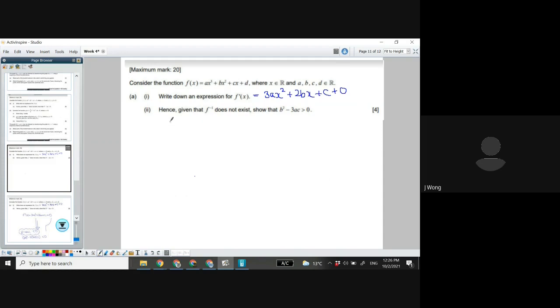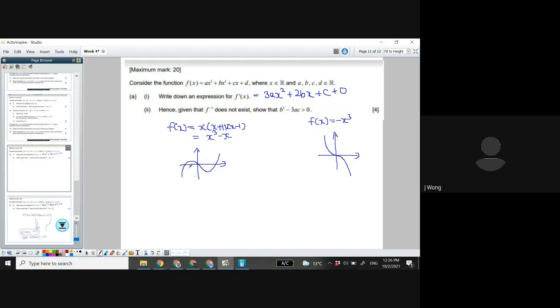For instance, if I have the function that looks like that, x bracket x plus 1, x minus 1, this will be a form of this cubic function. If you open this up, it will give you x cubed minus x. So the curve looks like this, where it goes through minus 1, 0, and 1. And another one, which is minus x cubed, and your graph will look like this.